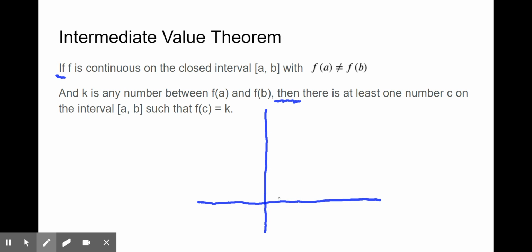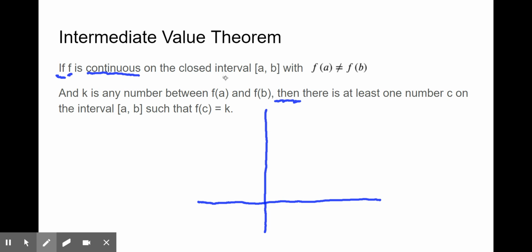All right, so here's what we have. We have f, so that must mean the graph's a function, okay? Because they're calling it f, right? And then later on they use f of a and f of b, right? So I must be graphing a function, so it has to pass the vertical line test. This graph has to be continuous, no jumps, holes, gaps, or asymptotes in it.